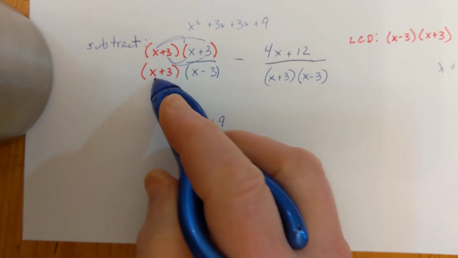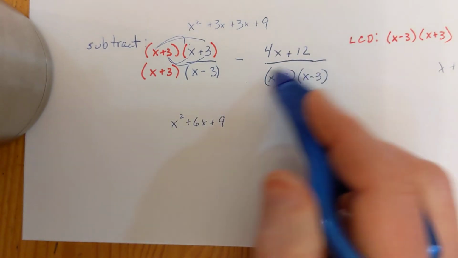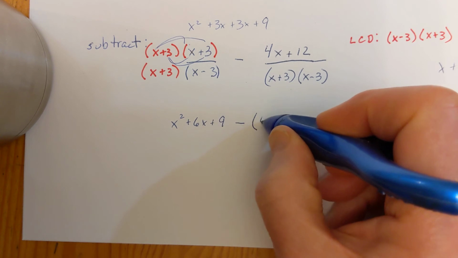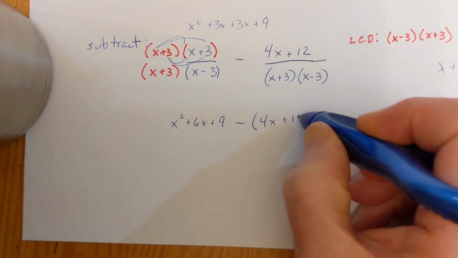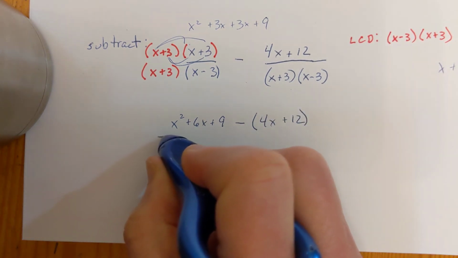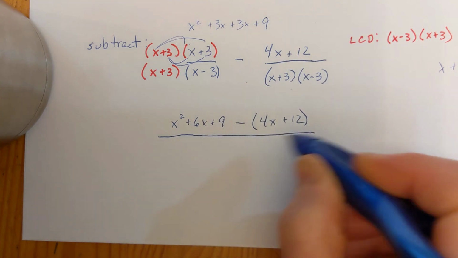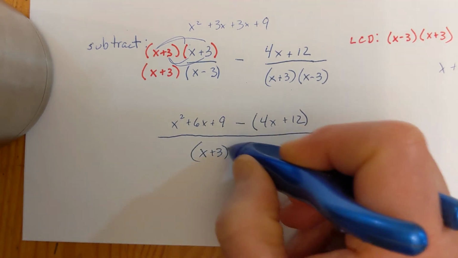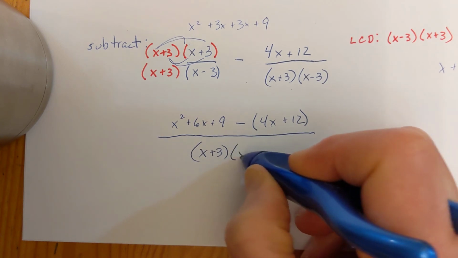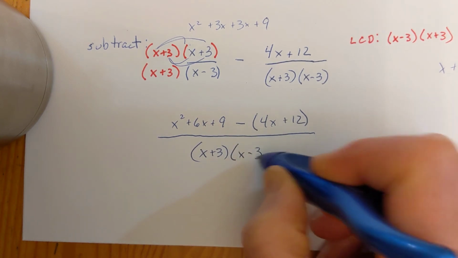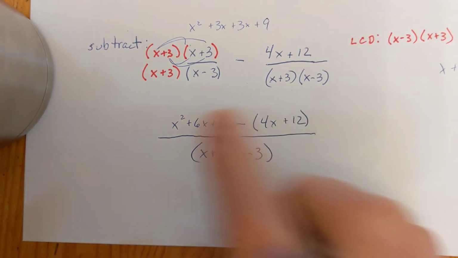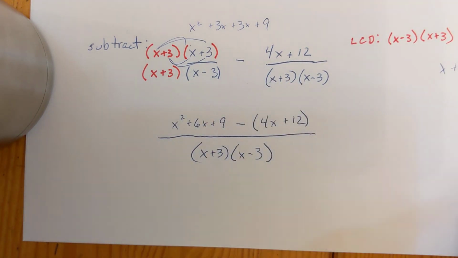I am subtracting. I have common denominators here, so I can subtract 4x plus 12. Please notice I put that in parentheses because I want to make sure to distribute that negative. Otherwise, I will get it incorrect. It's over the common denominator.